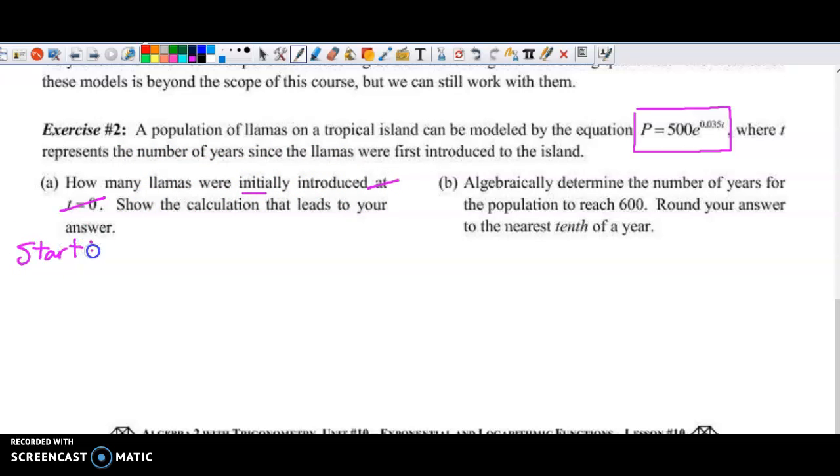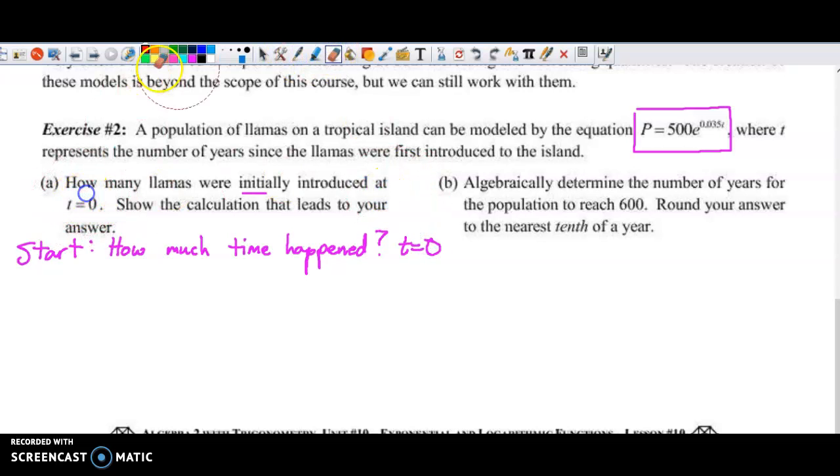So let me just mention it this way. How much time has happened if we started? Well, I hope you would say no time has happened, so t must equal 0. And I really think you could do this in your head.